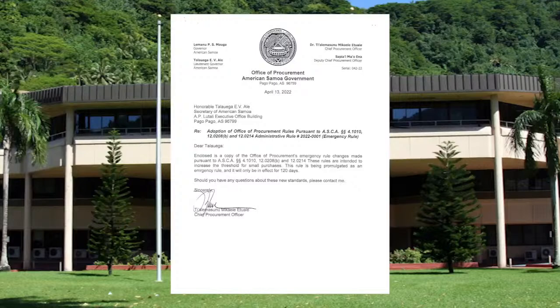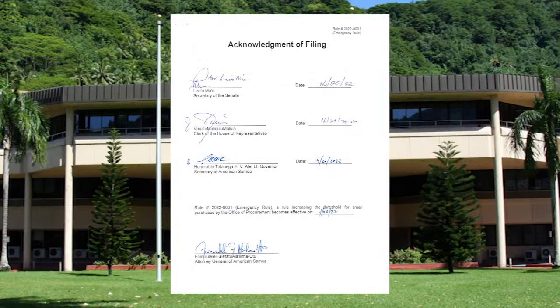Pursuant to the American Samoa Code Annotated Section 4.1010, this rule will be in effect for 120 days unless it is amended. The Office of Procurement amends Section 10.0214 of the American Samoa Code Annotated as follows. Duties of the Attorney General.